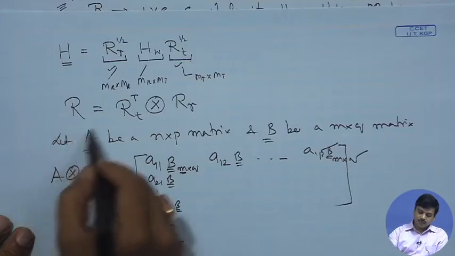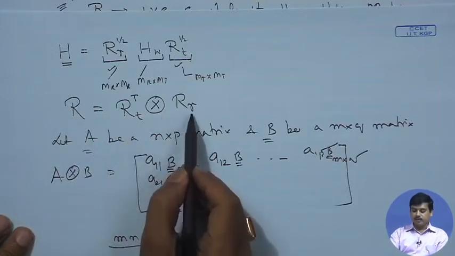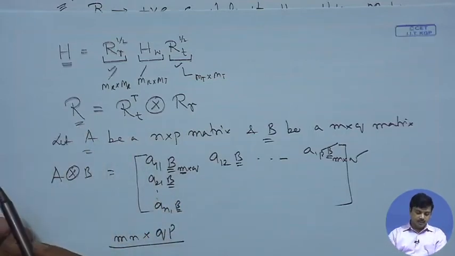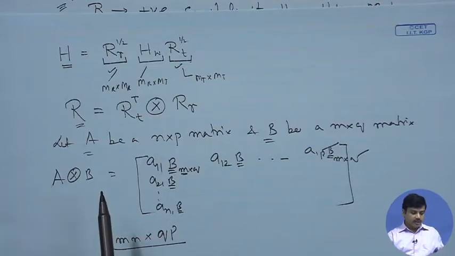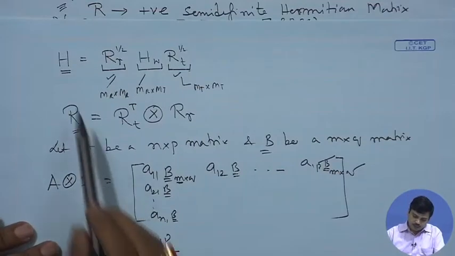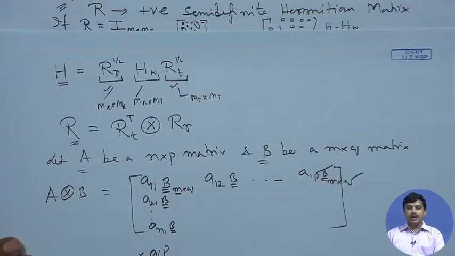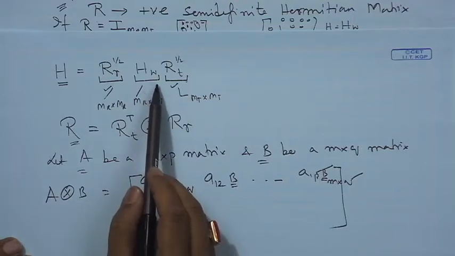Here what you would get is MT cross MT with MR cross MR, so basically MTMR cross MTMR is the size of R, which is already described. So, this way we could add correlation properties into the channel matrix, which is otherwise spatially white.